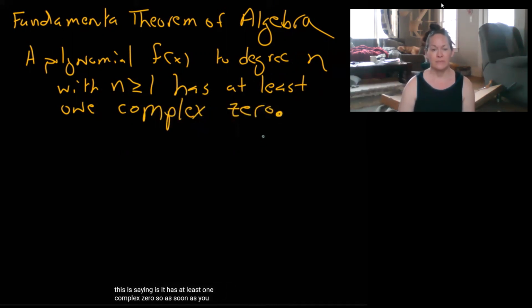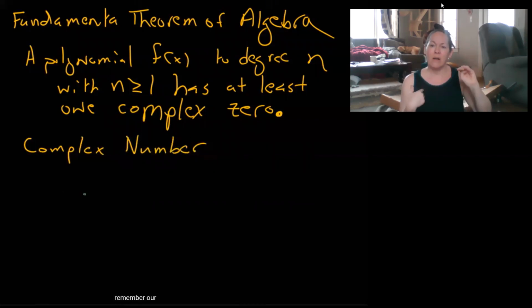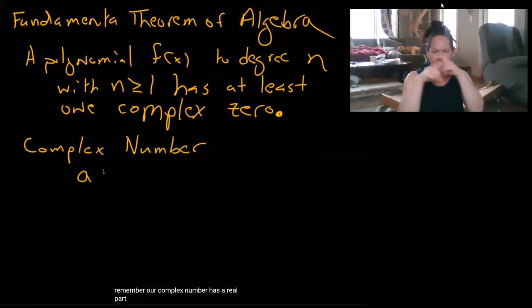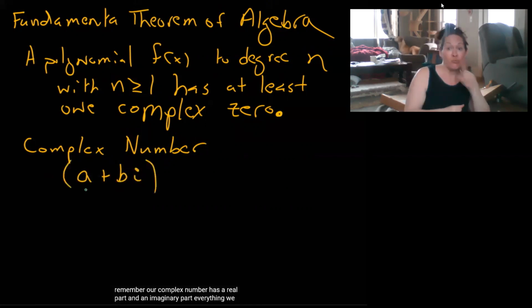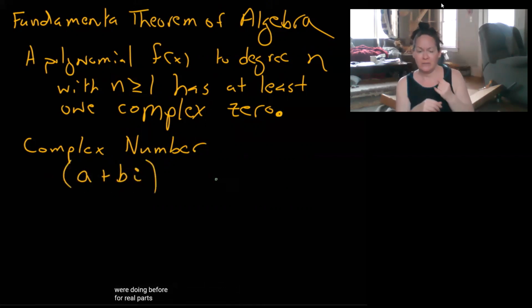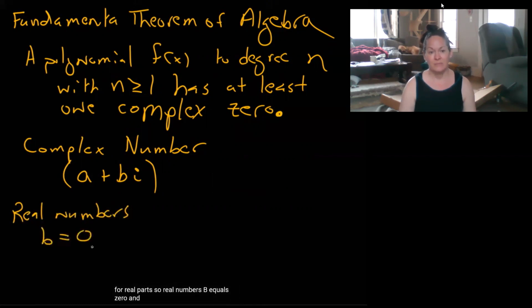So as soon as you have degree n, you get complex numbers. Remember, our complex number has a real part and an imaginary part. Now, everything we were doing before for real numbers, b equals 0. And that's still a complex number. It's still a part of the complex numbers.